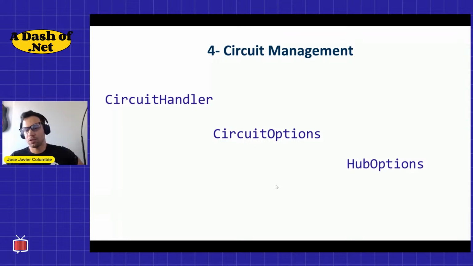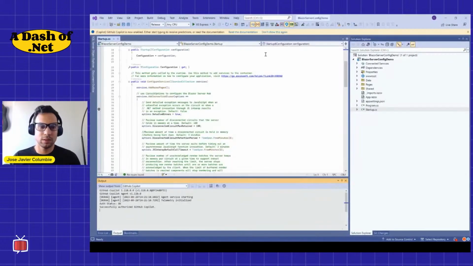We also have hub options, and the great thing is that even if you don't see SignalR in your project, you will definitely have access to modify the hub and even piggyback on it and do anything you need.